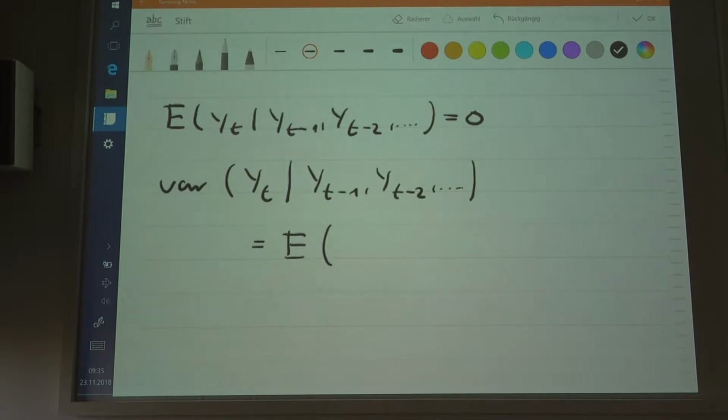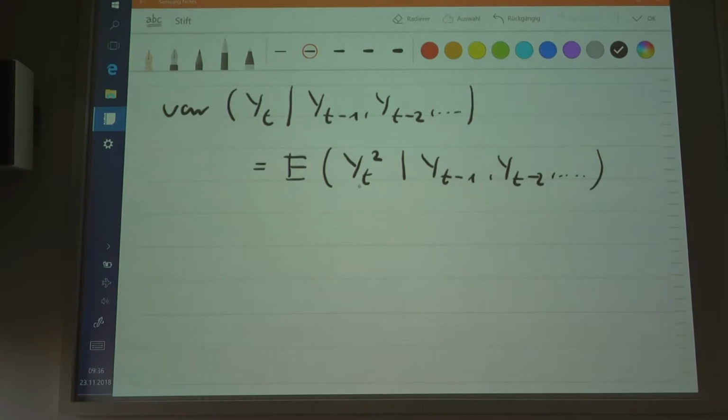If the expectation is 0, then the variance equals the expectation of the square of the process, conditionally on its past, meaning the past of the process is already there.